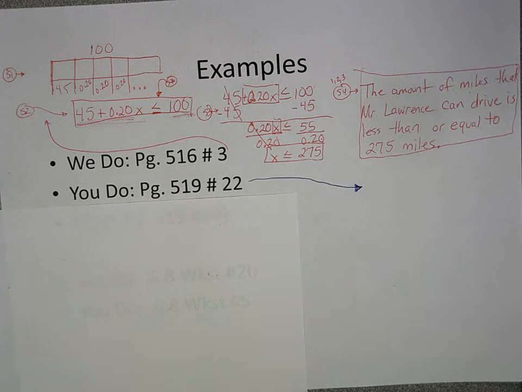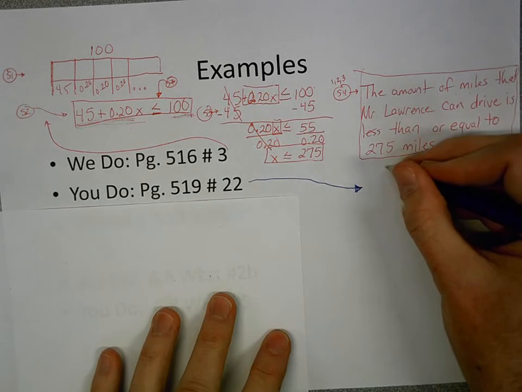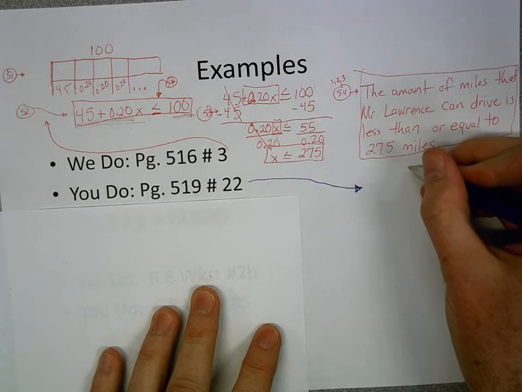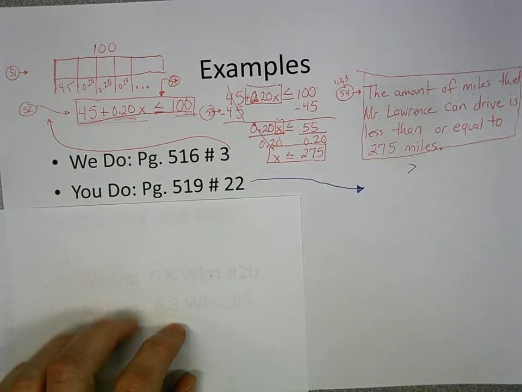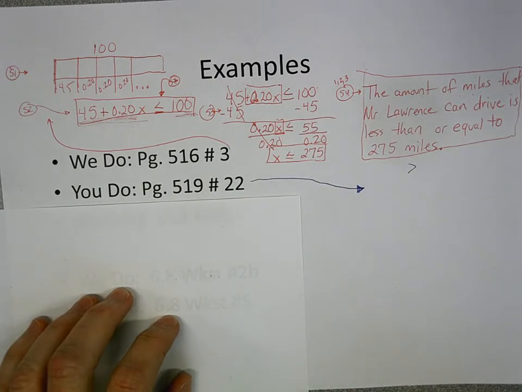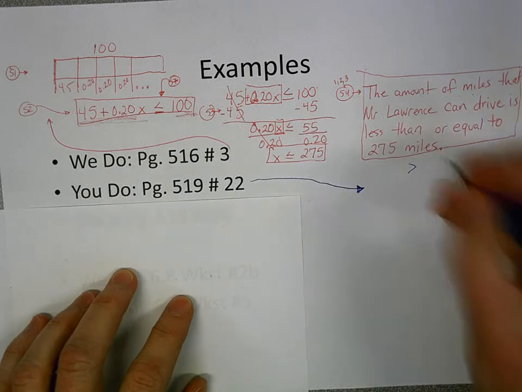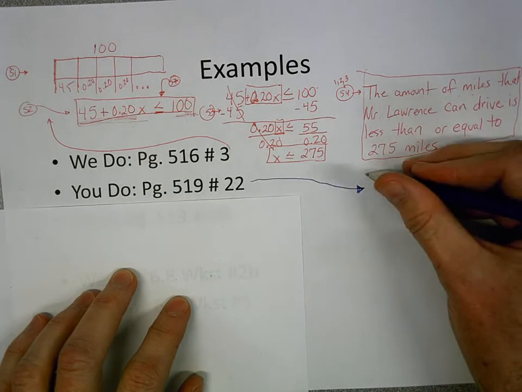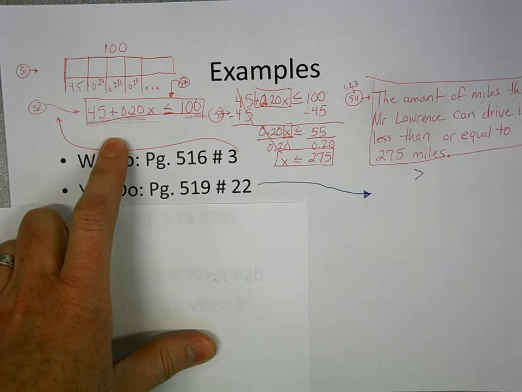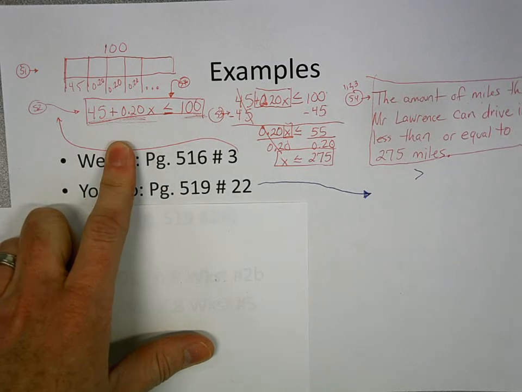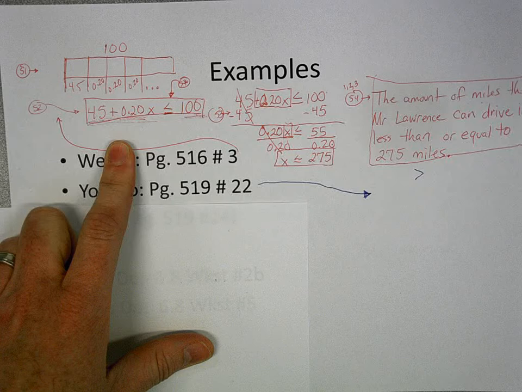Just the inequality, not the solution. So the whole sentence, inequality sentence. How did you solve it if you didn't write one of those? If you solved it, you probably have it on there somewhere.